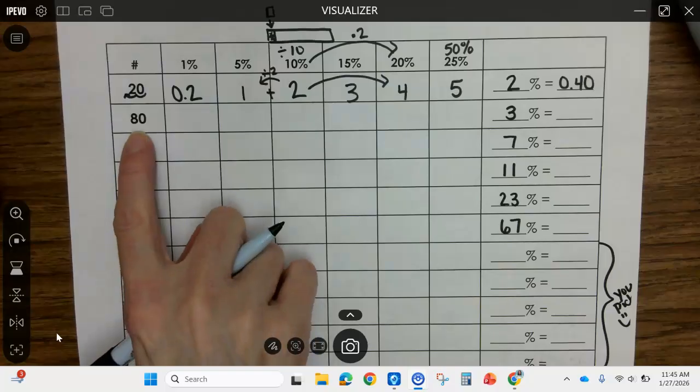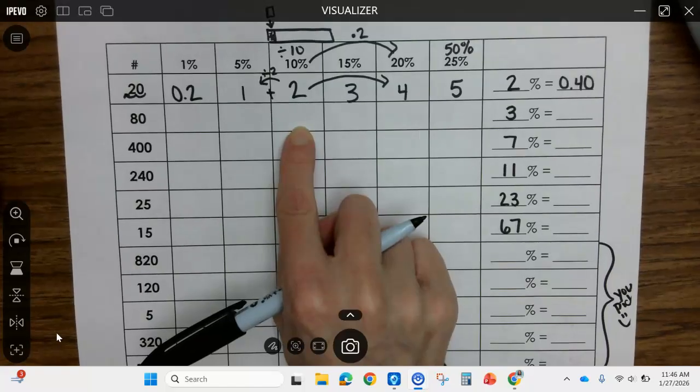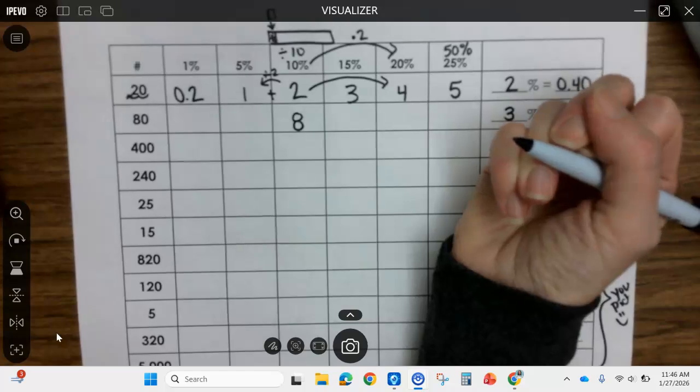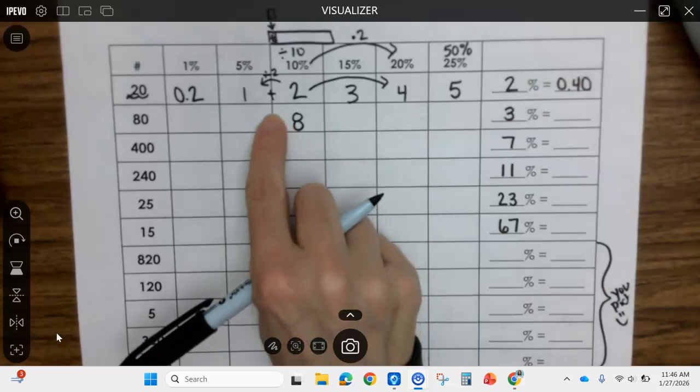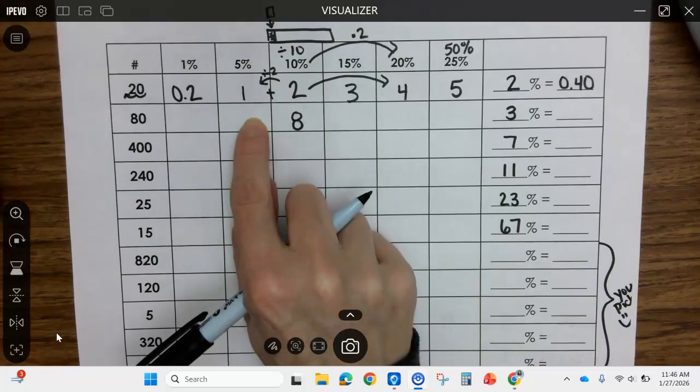All right, so if our starting number is 80, for 10%, I need to divide it by 10. So 80 divided by 10 is 8. If I then find 5%, I just have to take this number and find half of it, or divide it by 2.